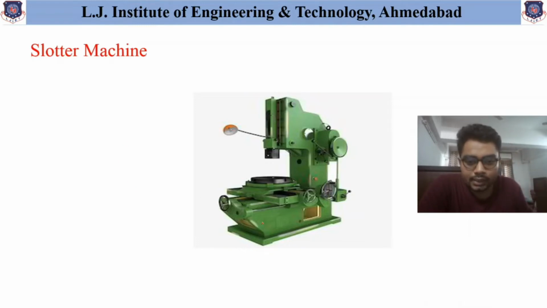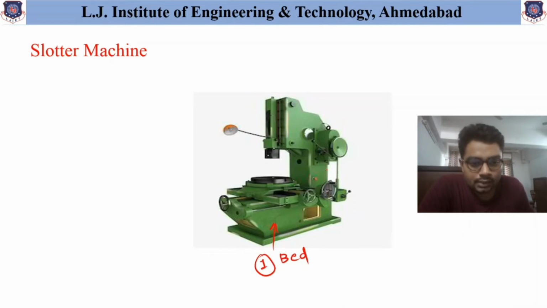So the first part, as you can see over here, is called the bed, and this bed is used to hold or support the entire structure available in this slotter machine.